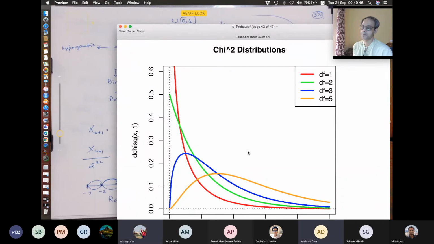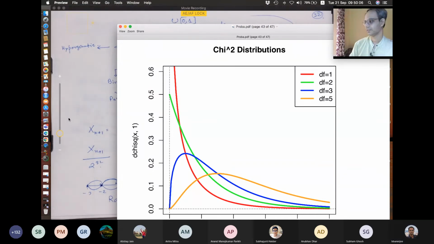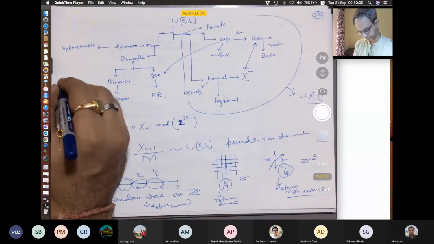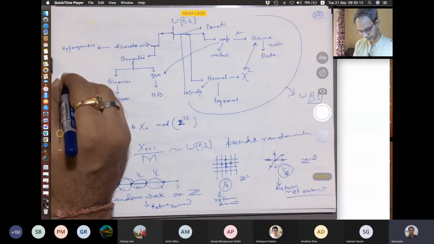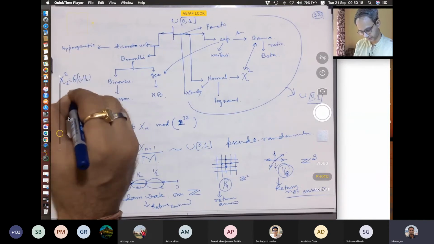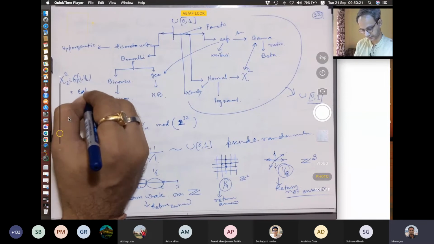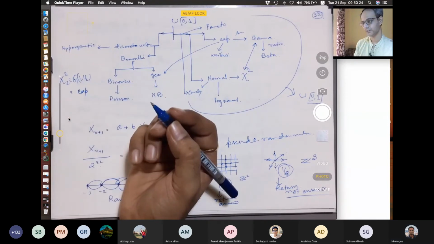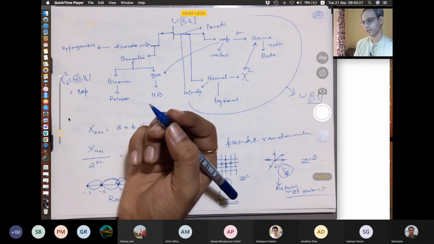Gamma 1 half. If df is 2, then gamma 1 half, and chi-square 2 is equivalent to gamma 1 half, and gamma 1 half is equivalent to exponential, gamma 1 lambda, right?